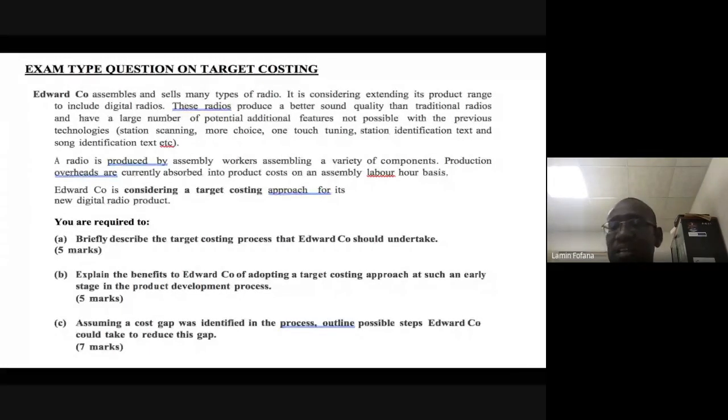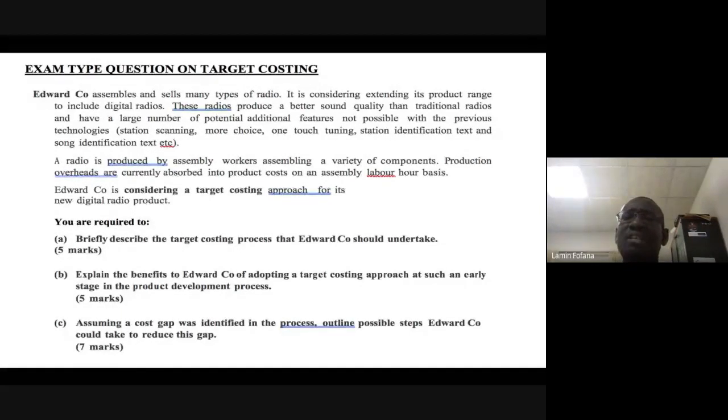If there are some defects in your production processes, processes that don't add any value, you remove them, because once you remove them, you're going to reduce cost. You look at the specification of the product. If there are additional specifications which are unnecessary, you remove them, then you reduce cost. You look at the material input of the product. If there are aspects of it that are unnecessary, you scrap them, then you will save cost. You look at the labor also.